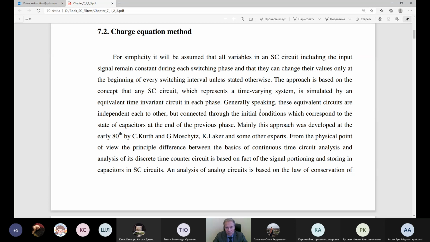In other words, it is equal to 0 or it is infinite. Do you understand this proposal? In Russian, предполагаем, что ключи идеализированы, то есть два состояния имеют. В этом смысле они как бы безинерционные, то есть либо открыт, либо закрыт, и внутреннее сопротивление идеализировано. То есть в закрытом состоянии, естественно, 0, в открытом состоянии, наоборот, бесконечно. Понятно, да? Вот это, собственно, исходная модель.